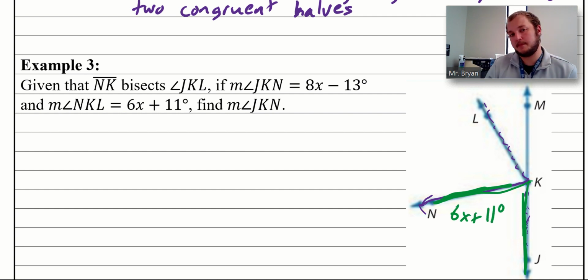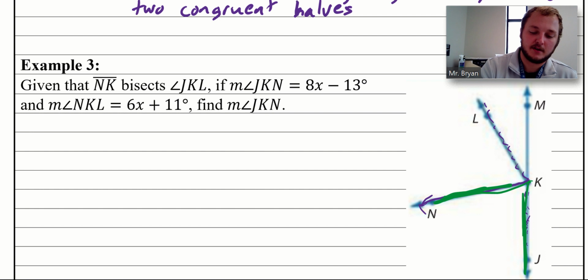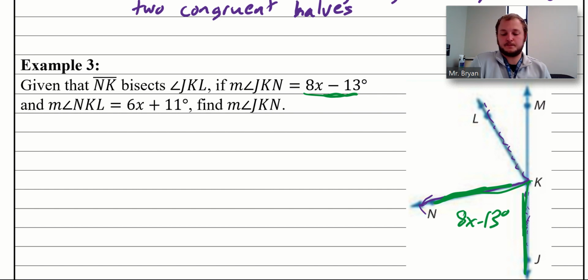So I'm going to mark that on my sheet or on my diagram right now, 6x plus 11. Okay, and we're also told, sorry, I kind of went out of order there. Let me rephrase that. JKN was 8x minus 13. Sorry about that. JKN was 8x minus 13. There we go. That looks a little better.